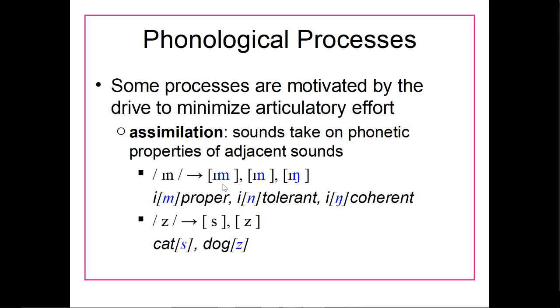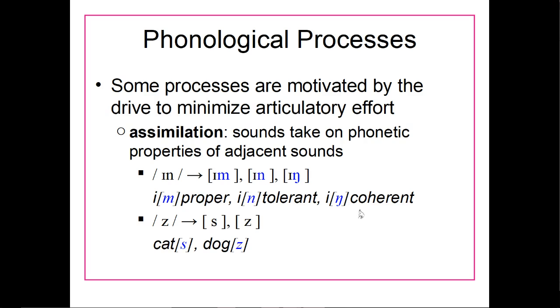So in becomes im in the environment before another bilabial. We have the bilabial stop, the p sound, and the in becomes a bilabial nasal rather than an alveolar nasal. So it's becoming more similar to the sound following it. Intolerant stays the same because the t is also alveolar and the n just stays alveolar like it would.